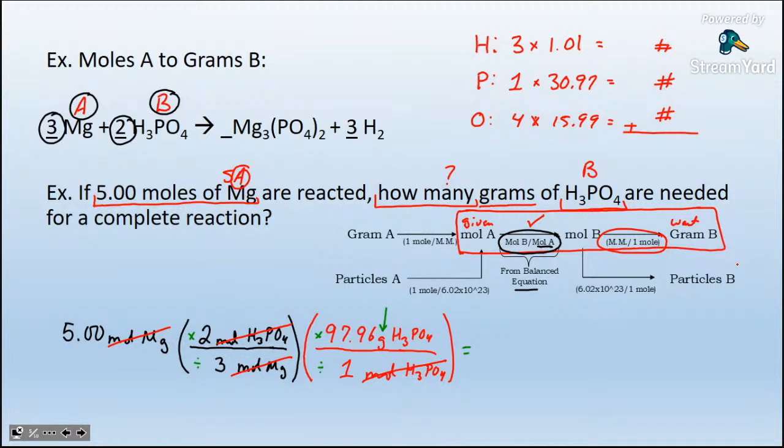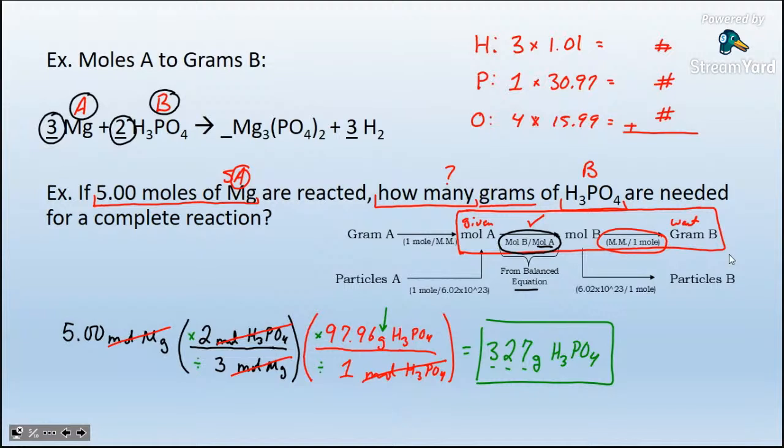So 5.00 times 2 divide by 3 times 97.96, and I get an answer of 326.53. So as a result, this is going to round up to 327 grams of H3PO4. And again, I've rounded to 3 significant digits. So now I know that if I have 5 moles of magnesium, I'm going to need 327 grams of phosphoric acid to react with this. Okay? So that is a moles to grams problem.